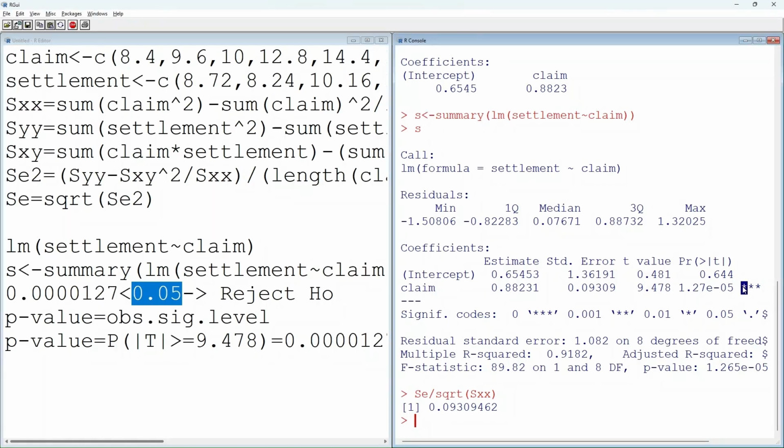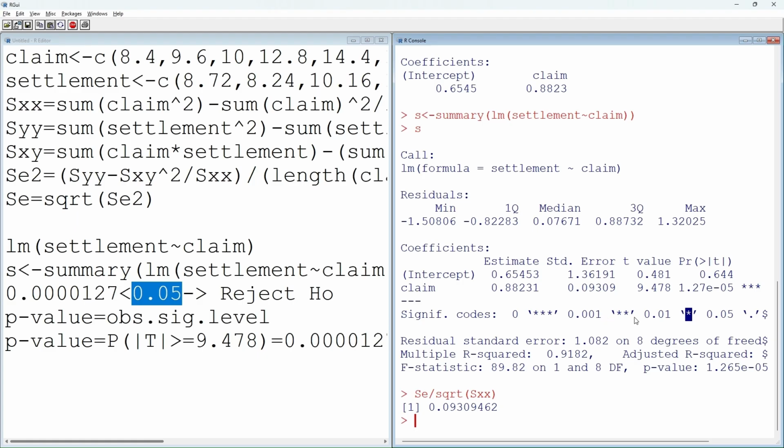Now, these asterisks are very interesting because they show at what level your p-value is significant. For example, if you had only one star, it would mean that your p-value is significant at the 5% level of significance, but not at the 1% or 0.1%.